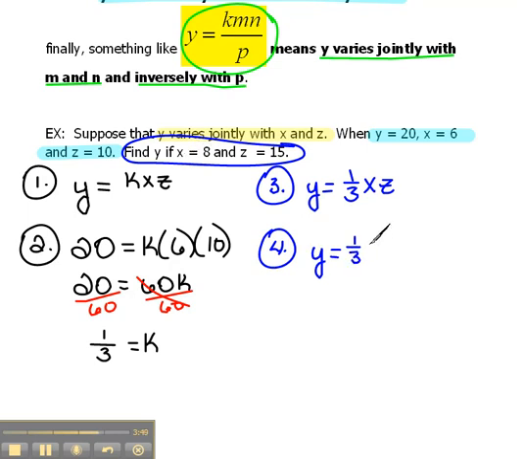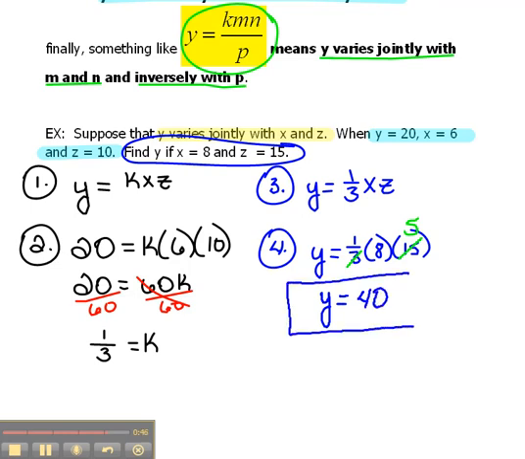If x equals 8, so we're replacing x with 8, and z equals 15. Now, because this is multiplication and we can do it in any order we want to, we could cancel the 3 into the 15 5 times, and then we have 1 times 8 times 5, so y will equal 40. This is our final answer.